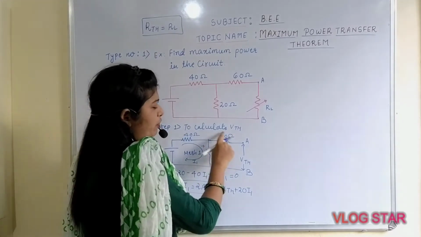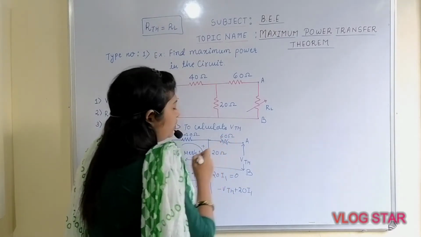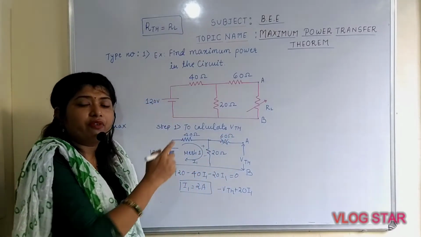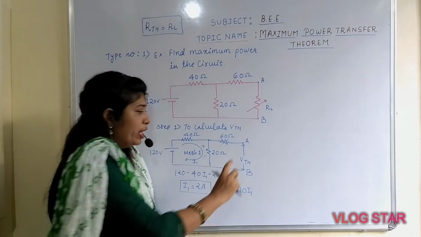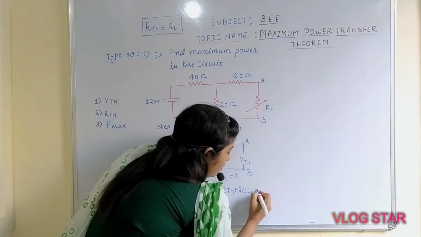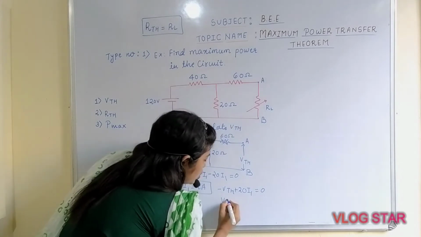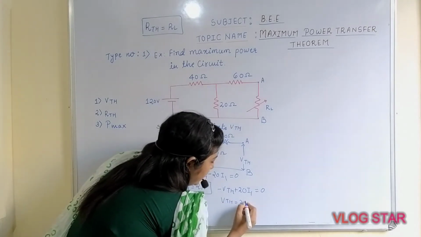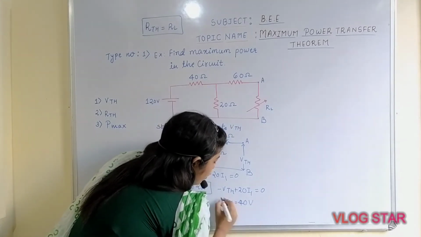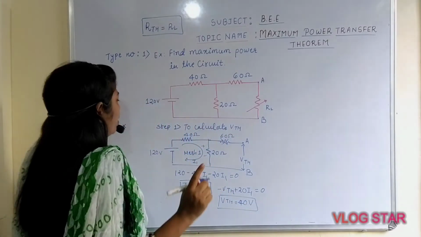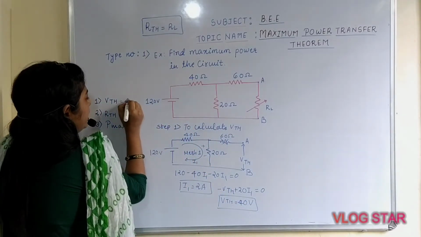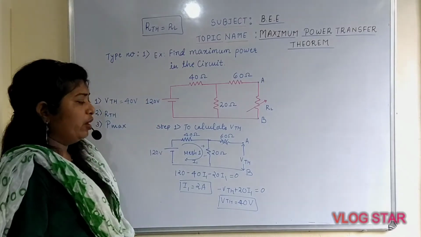The current flowing through the open path is 0 due to the open terminal, so you discard that. So what is the value of VTH? 20 into 2, that is 40 volt. I hope you have understood that VTH is equal to 40 volt.